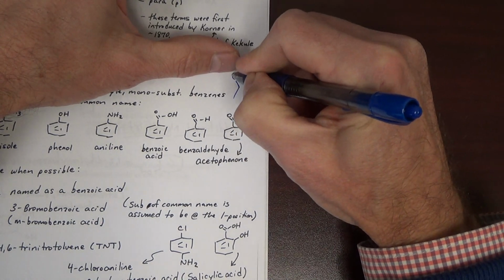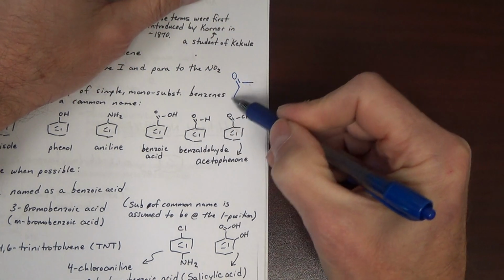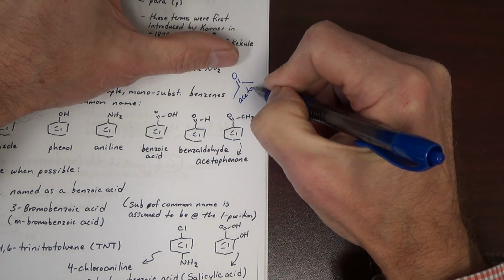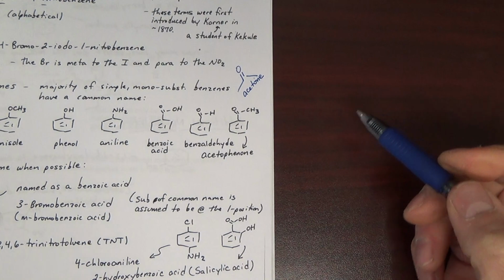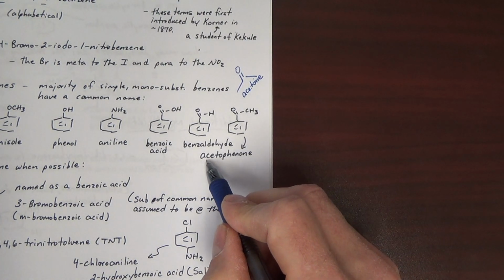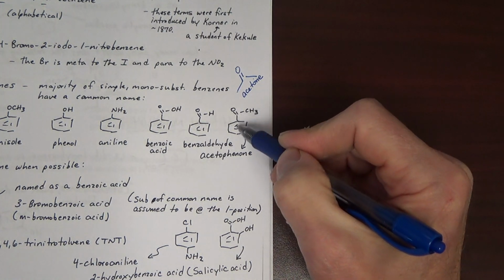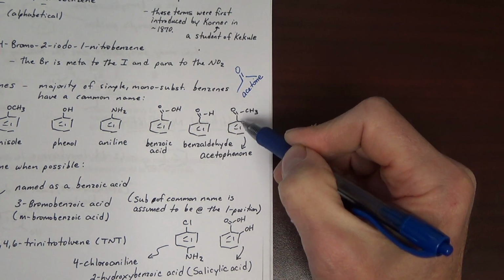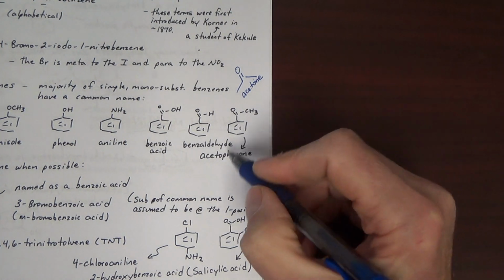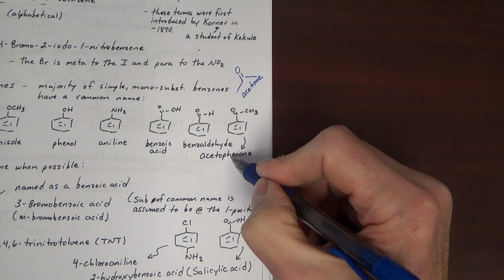Now, if we had two methyls on the carbonyl, sort of dimethyl ketone, we know that that's acetone. So this is sort of a blend of acetone and the benzene. And when benzene is a substituent, we call it a phenyl group, and we'll see that on the flip side here.